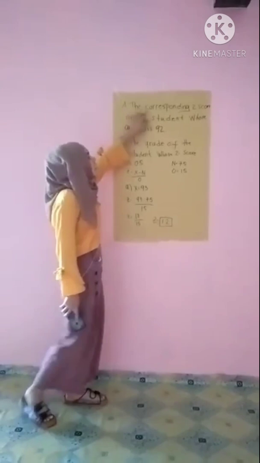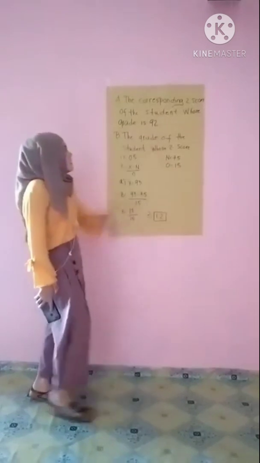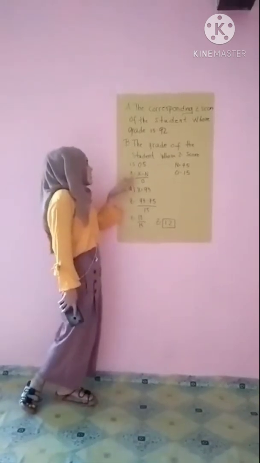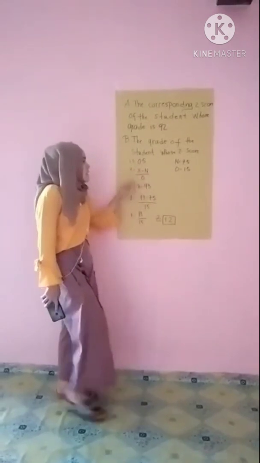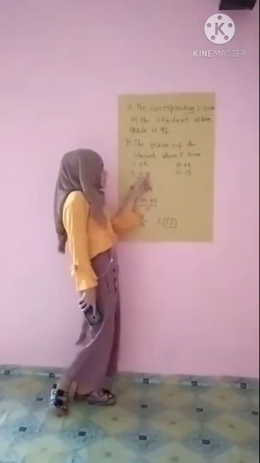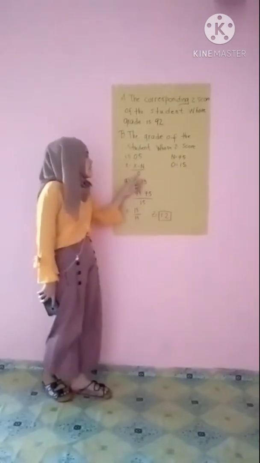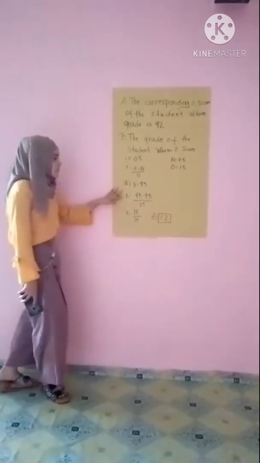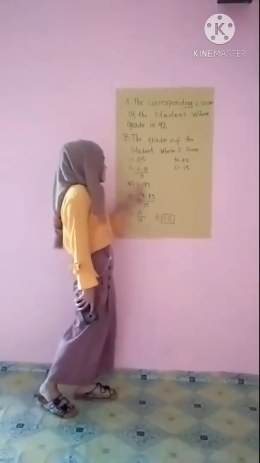Letter A: the corresponding Z-score of the student whose grade is 93. To solve this, example number 1, Z-score equals x minus mu over sigma, where x is the grade of the student, mu is the mean, which is 75, and sigma is 15. So for example number 1, letter A, x was 93.